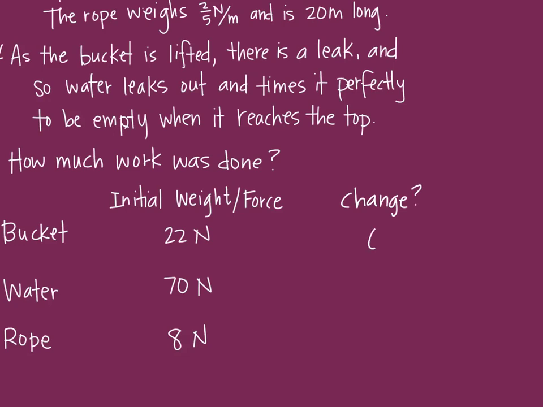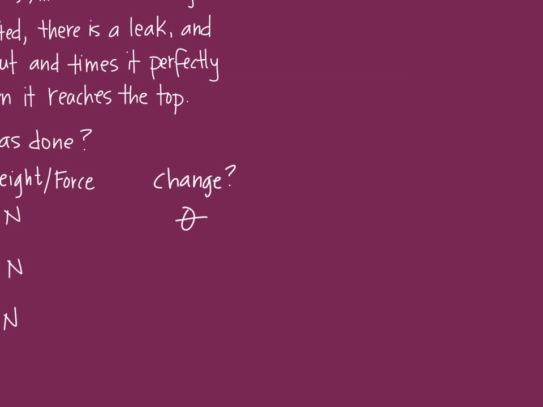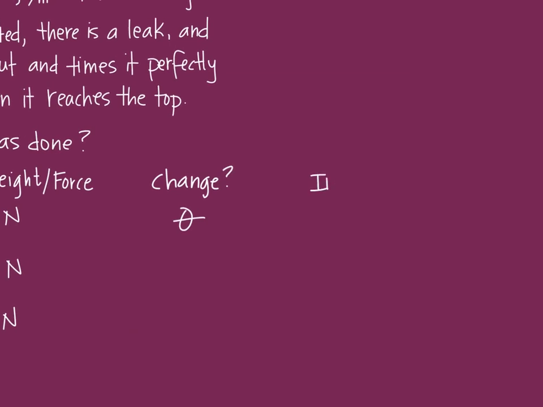So our question of whether it changes, the answer is no. So the integral is simply the integral of 22, because that is a constant and it is not changing for the entire length of the rope, which is 0 to 20.